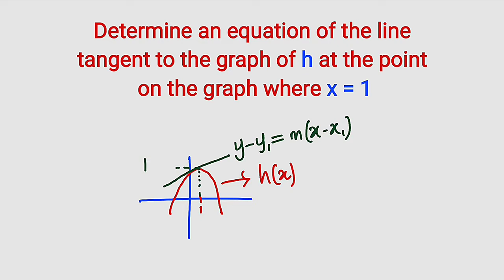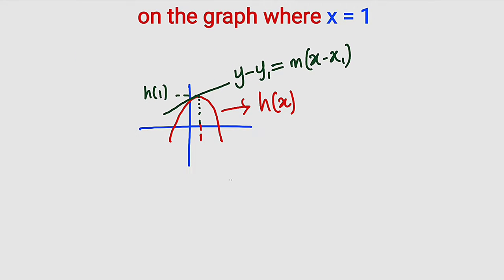Therefore, at this point, we have h of 1, and h of 1 is nothing but y1, right? So we can rewrite that equation as y minus h of 1 equals m, which is the slope, multiplied by x minus x1, which is 1. So the only things we need to find are h of 1 and m.